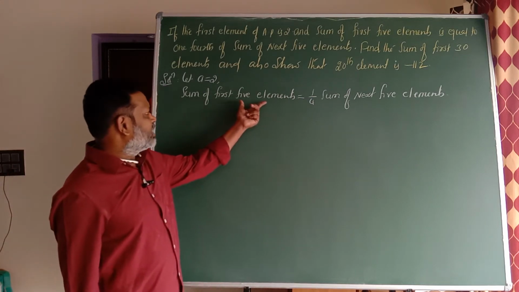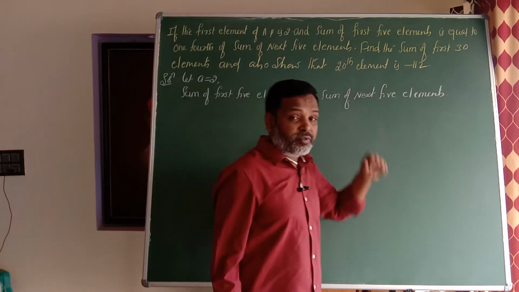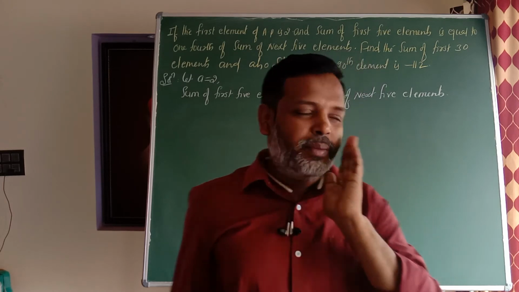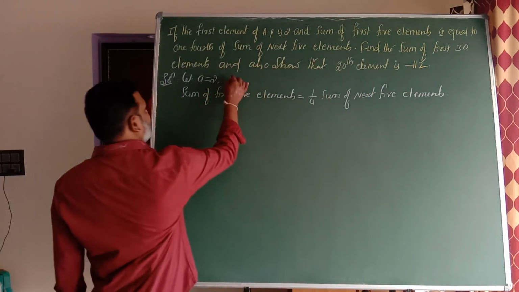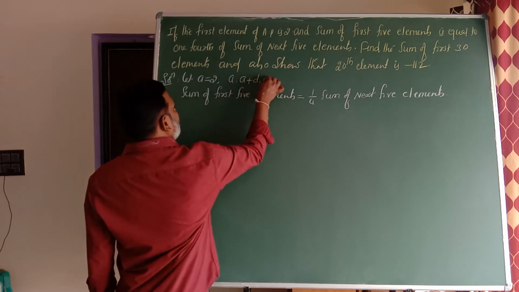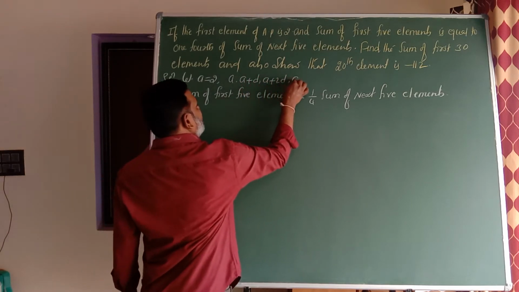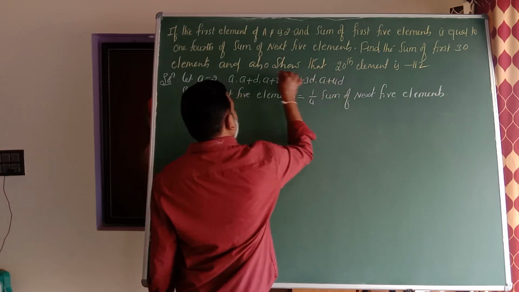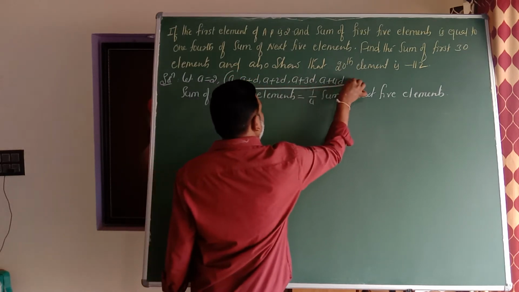So we have the first 5 elements and thereafter next 5 elements. Totally how many elements we have? We have totally 10 elements. So what are the 10 elements? I can simply write it as A, A plus D, A plus 2D, A plus 3D, A plus 4D. These are the first 5 elements.